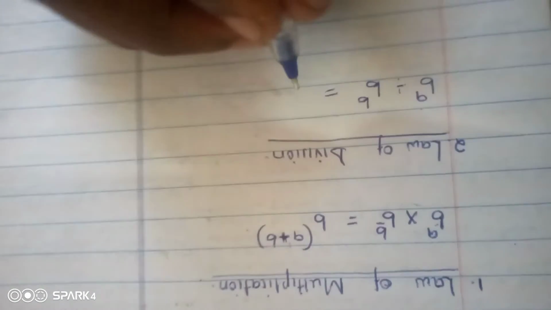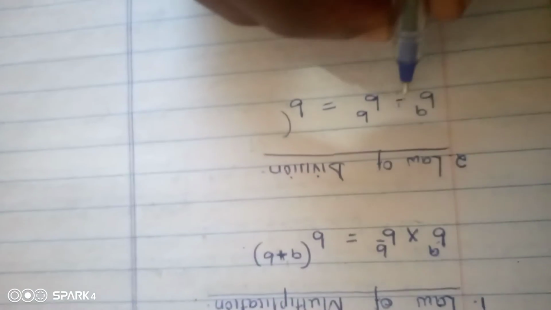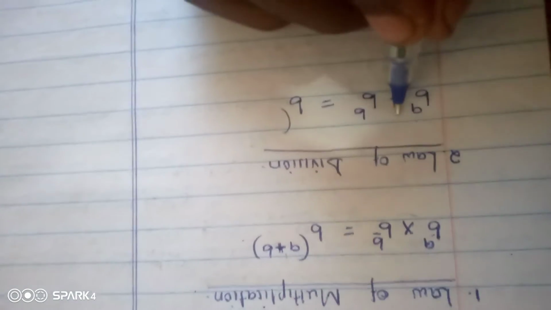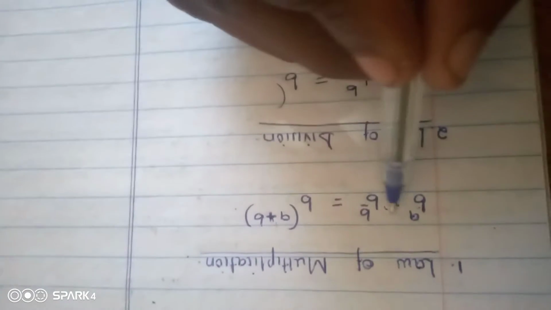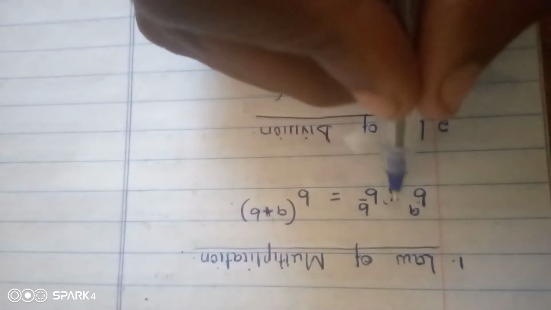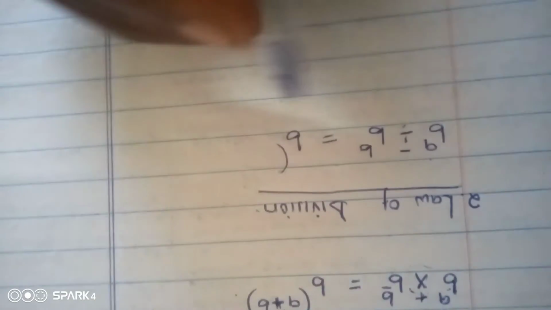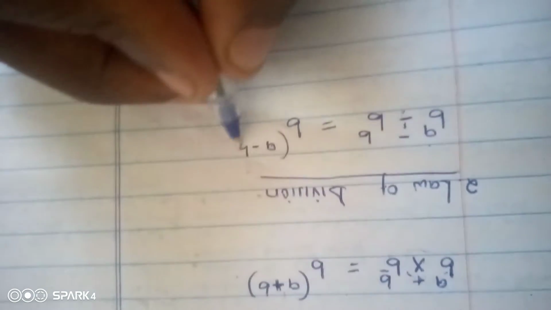This is the same as b raised to, in division, instead of division you use the subtraction sign. If I can take you back, we said that instead of multiplication you use the addition sign. So in this one you'll take it as b raised to a minus b.